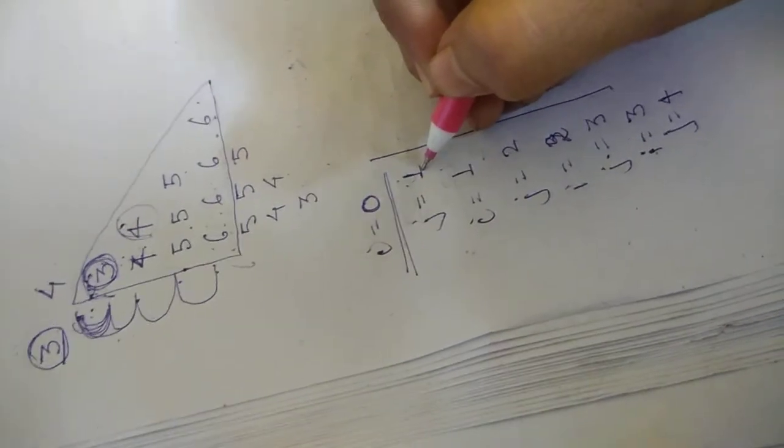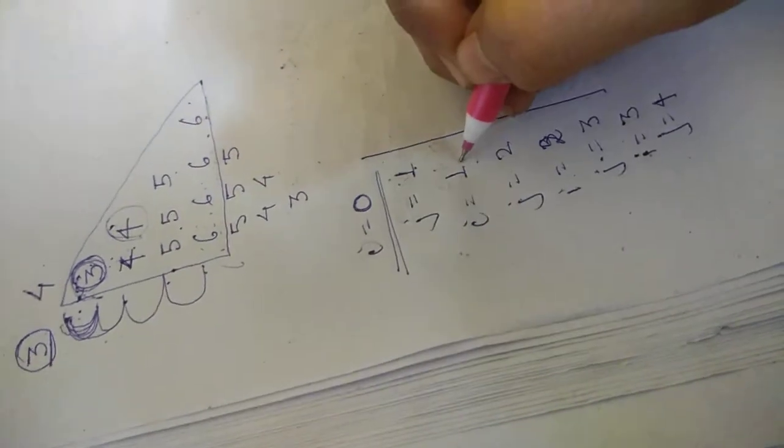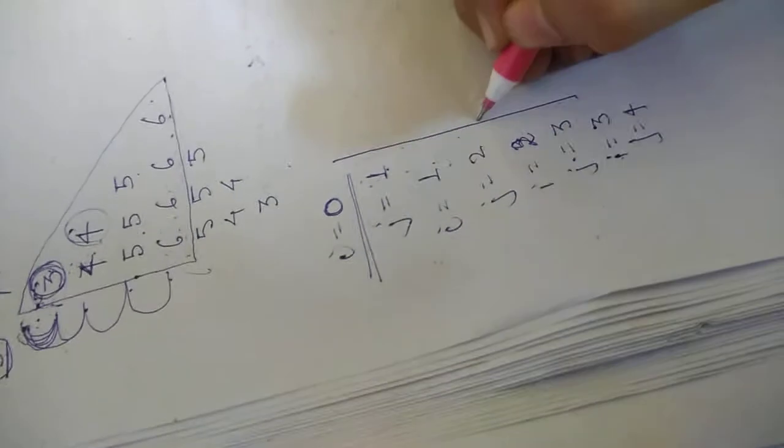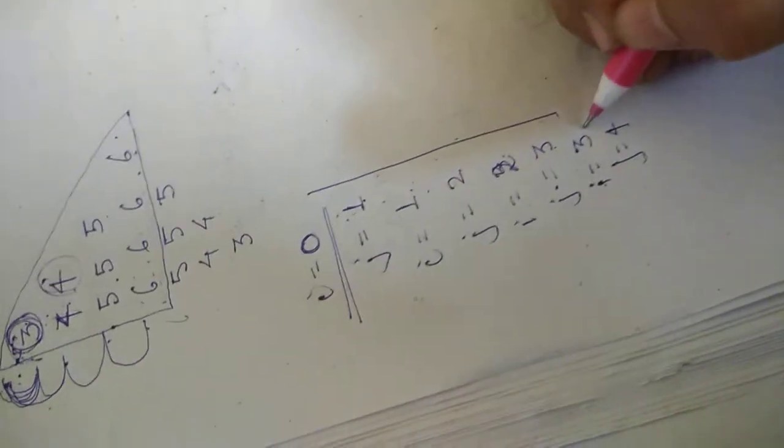So you can see when the i value was 0, then j is printing 1 time. When i value is 1, j is printing 2 times. When i value is 2, then j is printing 3 times. When i value is 3, then j is printing 4 times.